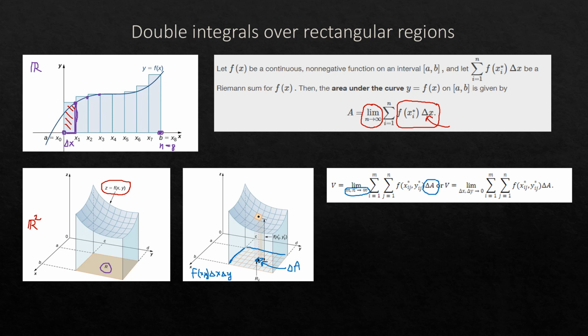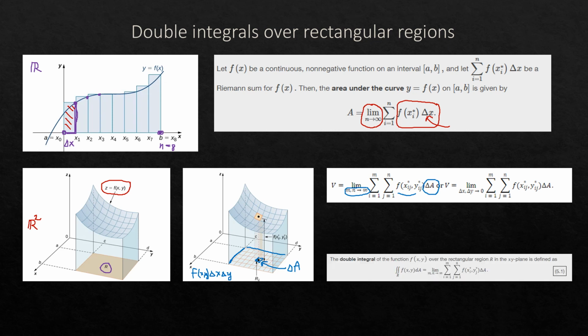So that is your area times the height over here, and we sum this up across X and across Y. All right, and that is the double integral. You can see the analogy between the two formulas for the area where we were working with a function of one variable. And now here's your actual definition.